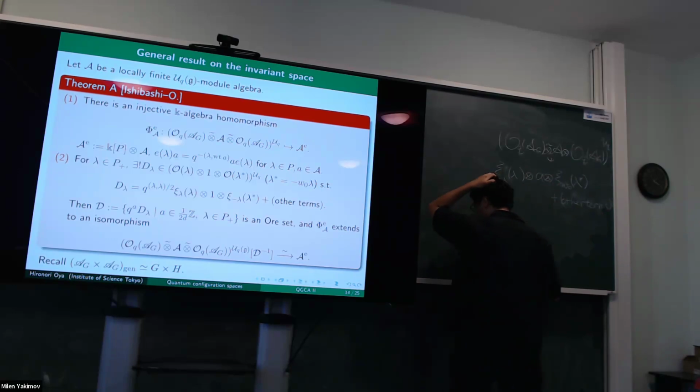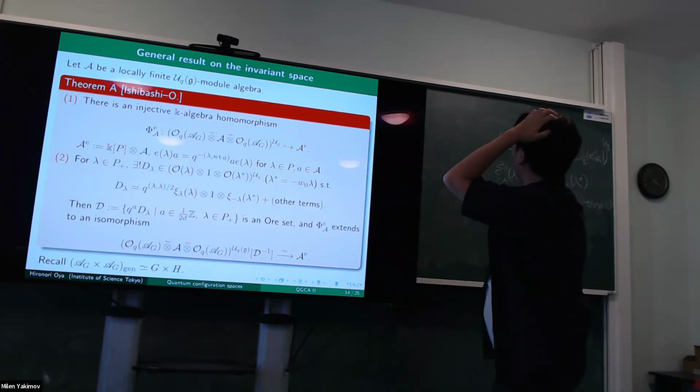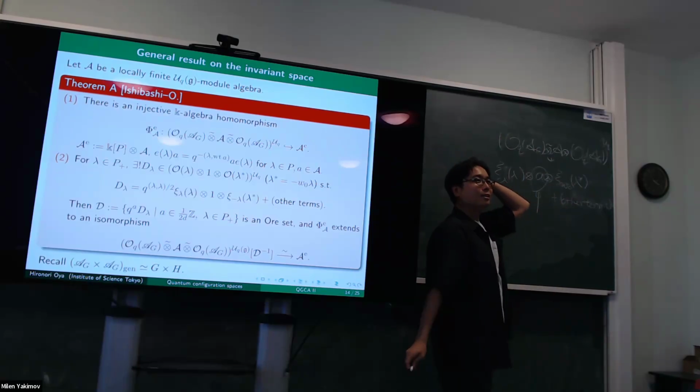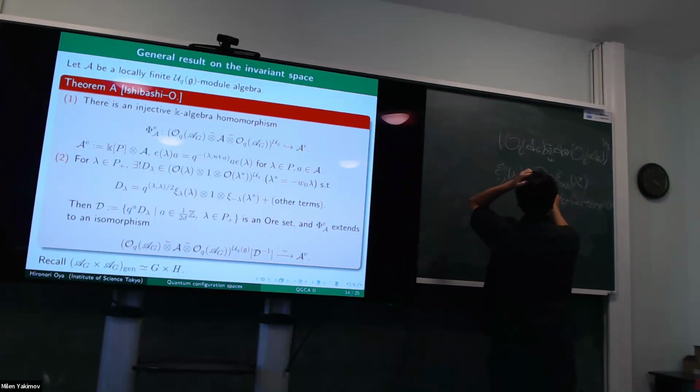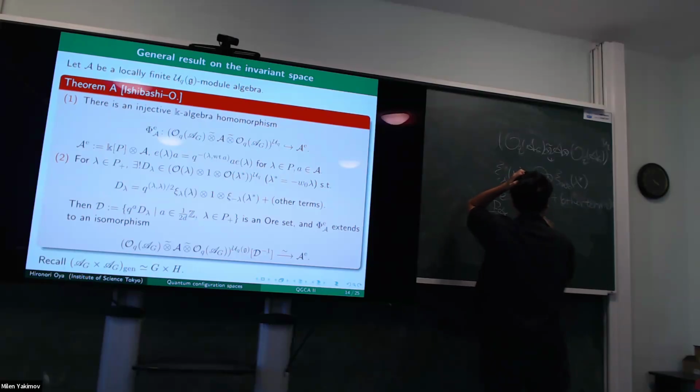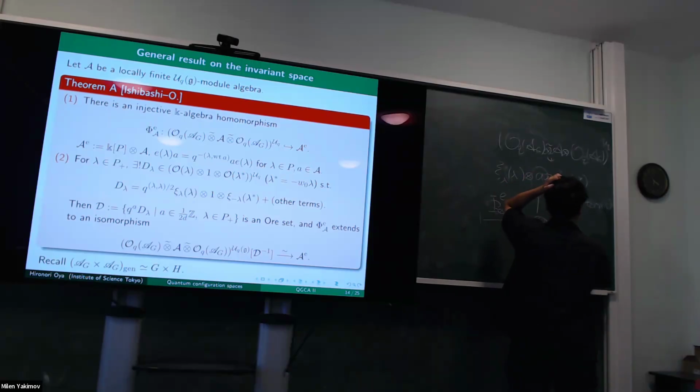So our map is the modulus of Q A times E by singular.